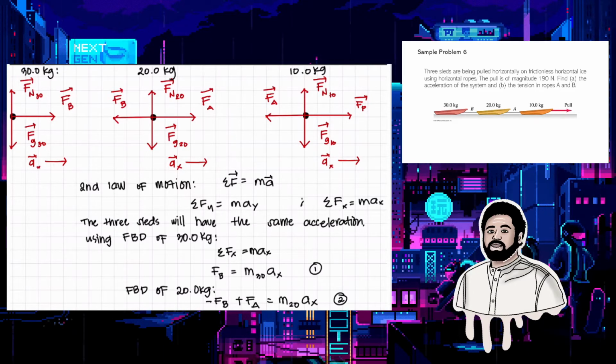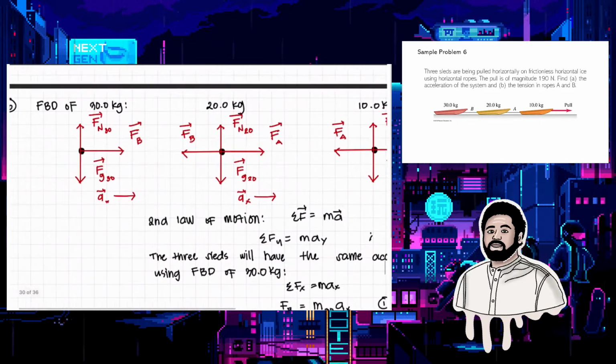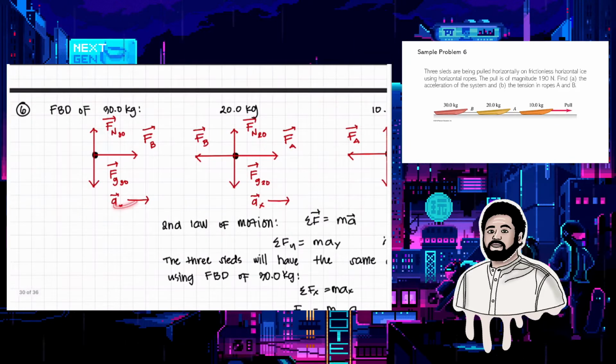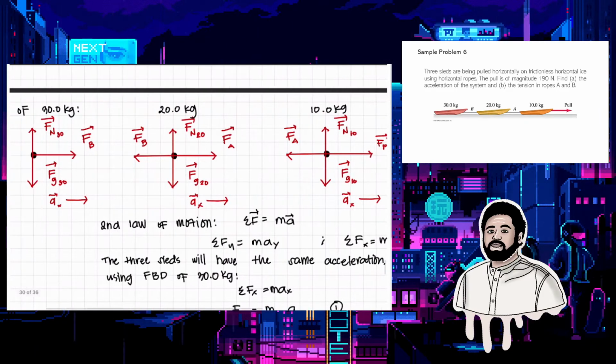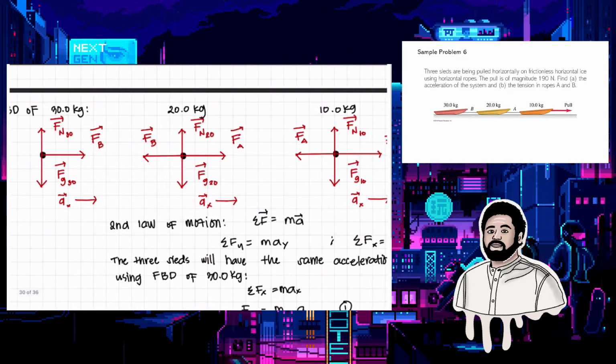It's kind of difficult to get the acceleration using only the free body diagram of 30, of 20 alone, or of 10. I have to actually mix them all together. I have to make use of 30, 20, and 10 kilograms. That's one method.